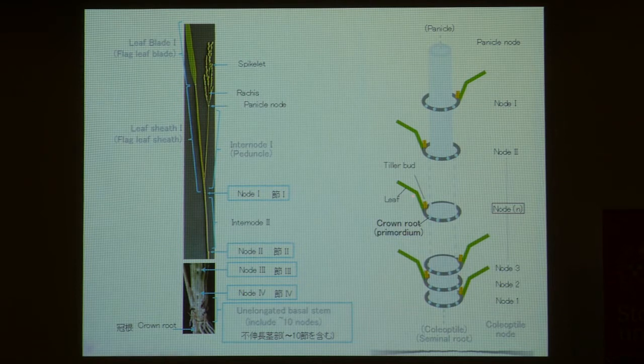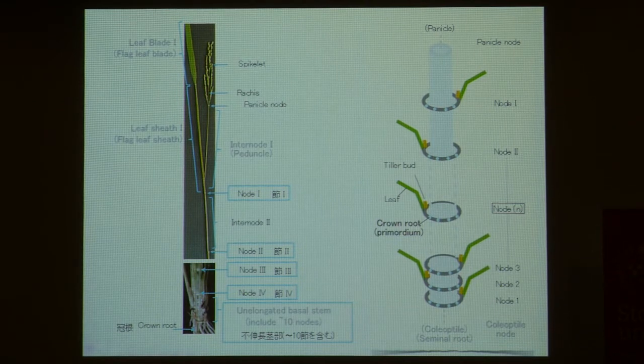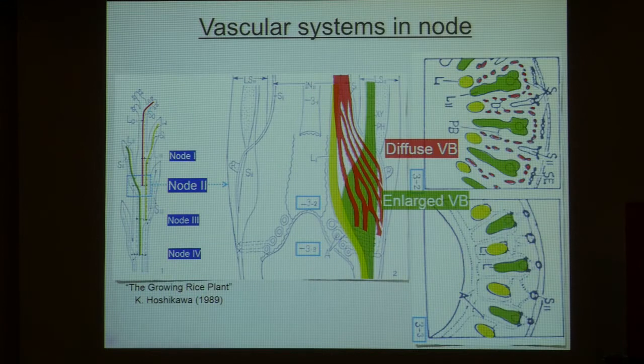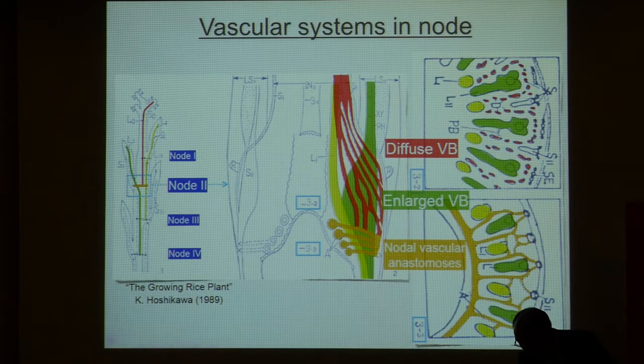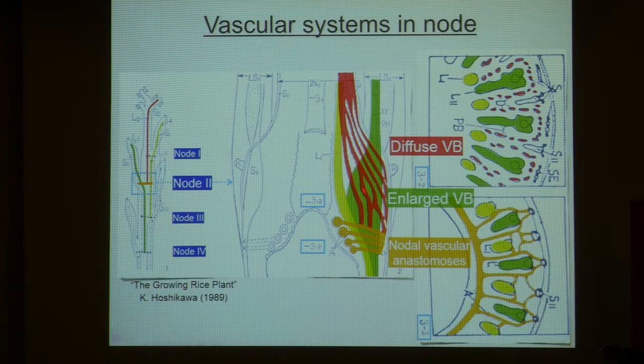So each node actually has a similar structure, including one leaf or leaf tiller bud and crown roots. Diffuse vascular bundles initiate at the node and connect to the developing tissues such as young leaf and panicles.